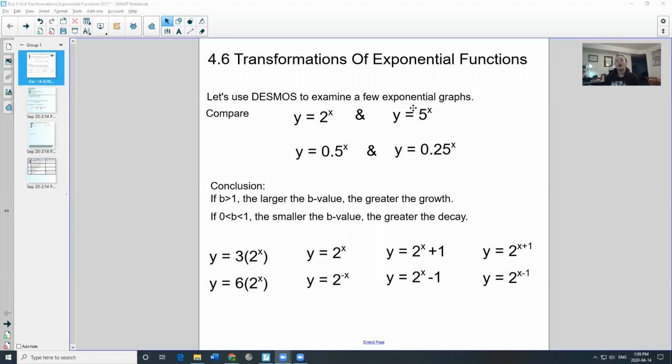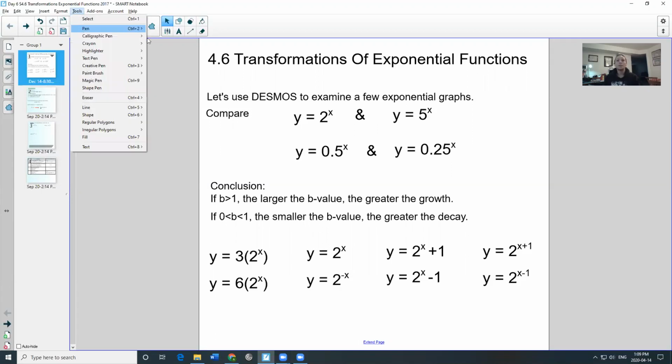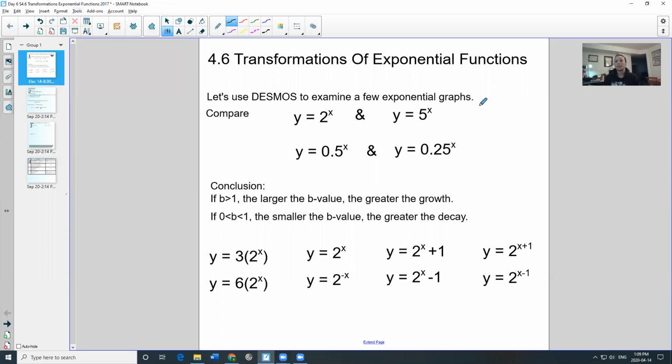Now, the other thing that you should notice, and I'm not graphing them for you, I'm going to do the bottom ones, is that the larger the b value, the greater the increase. So 5 to the x is going to increase a lot faster than 2 to the x. 5 to the x would look like this, whereas 2 to the x might look like that.